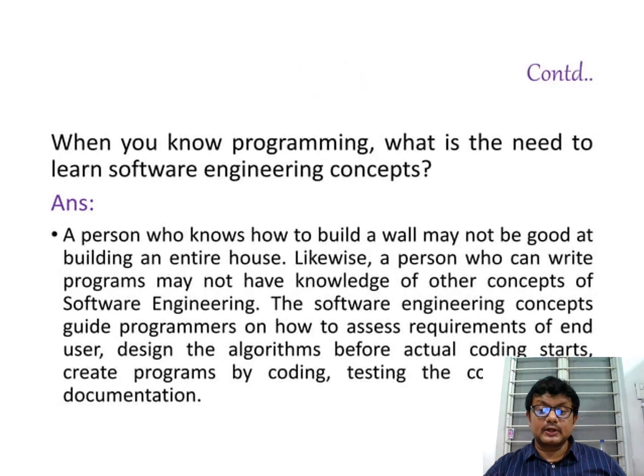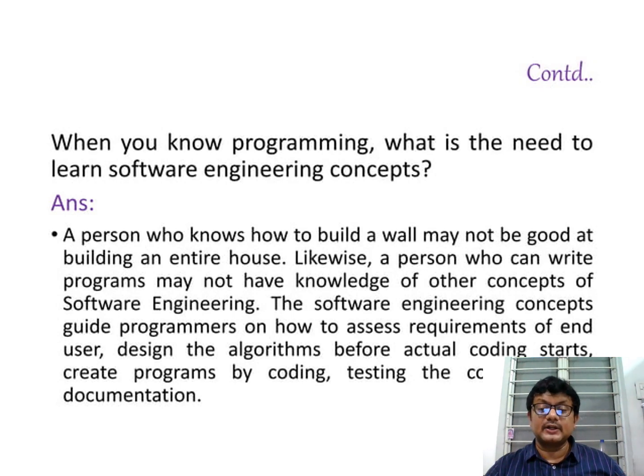When you know programming, what is the need to learn software engineering concepts? A person who knows how to build a wall may not be good at building an entire house. Likewise, a person who can write programs may not have knowledge of other concepts of software engineering.